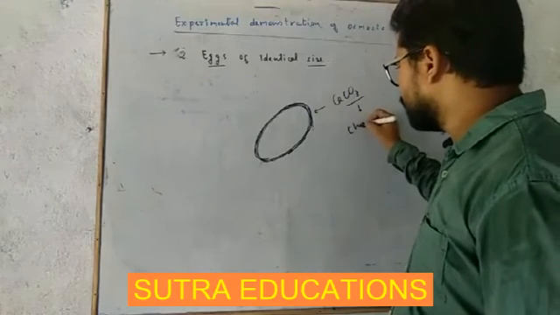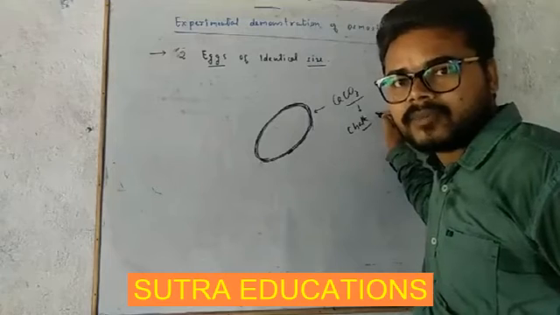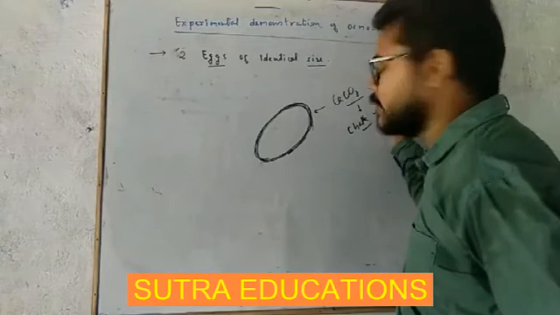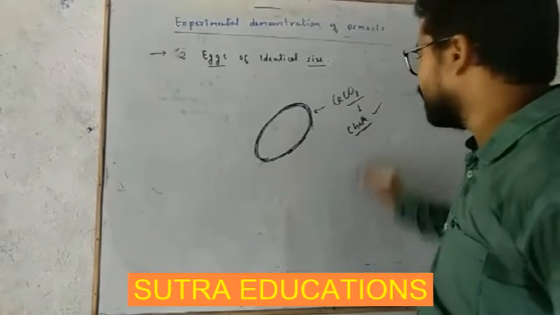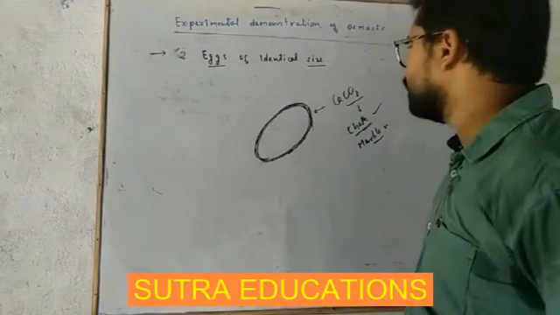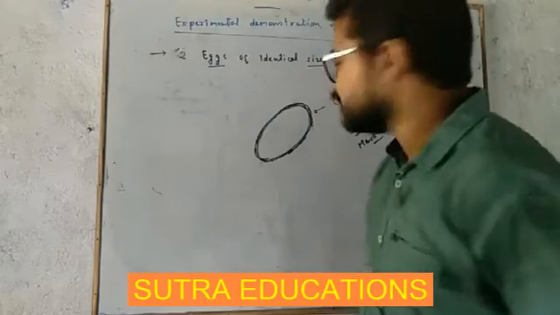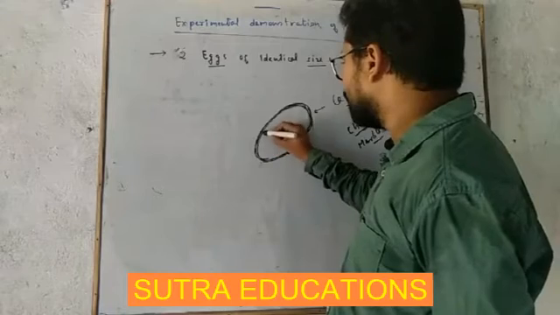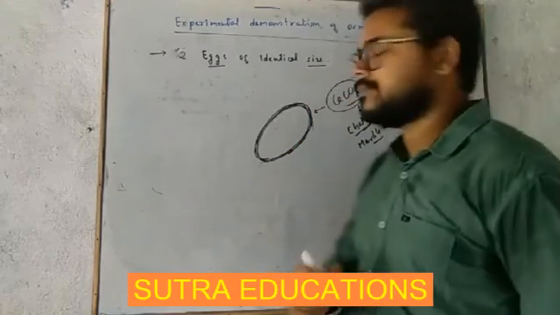Also chalk which we use to write on the board is made up of calcium carbonate. Not only chalk, marble which we use at our home is also calcium carbonate. And in the same way, the outer shell of an egg is made up of calcium carbonate.